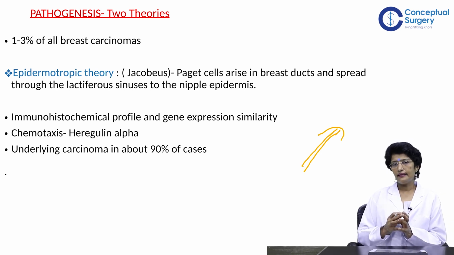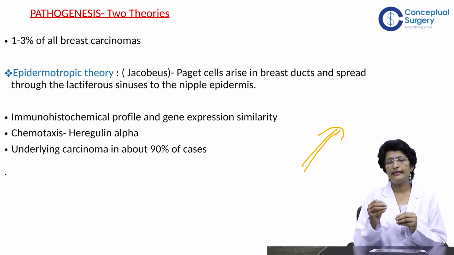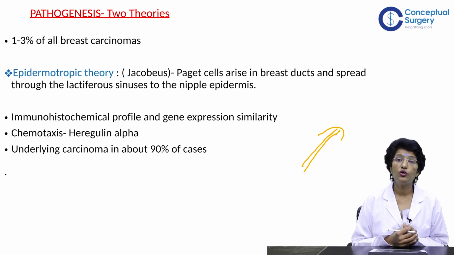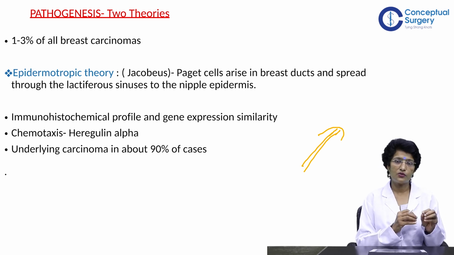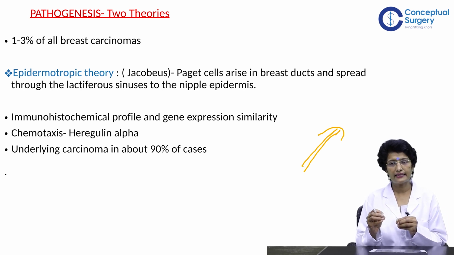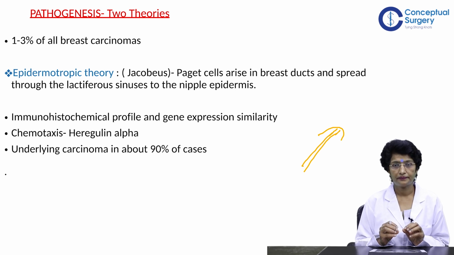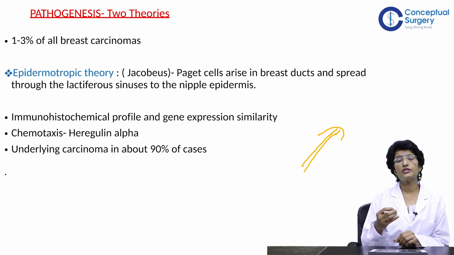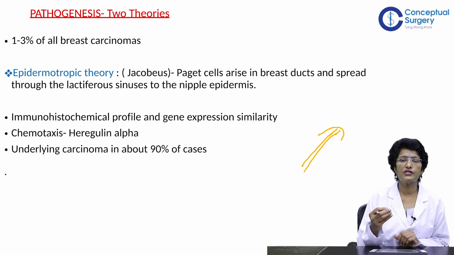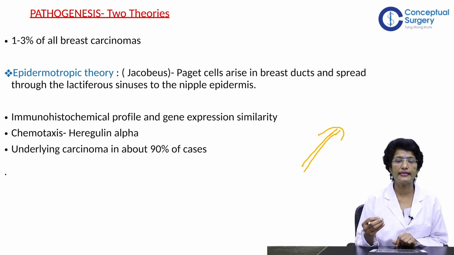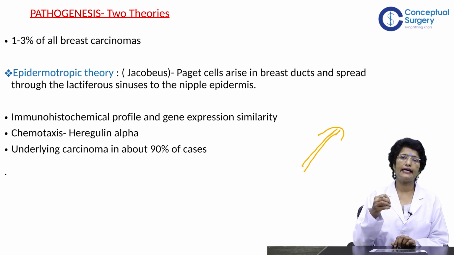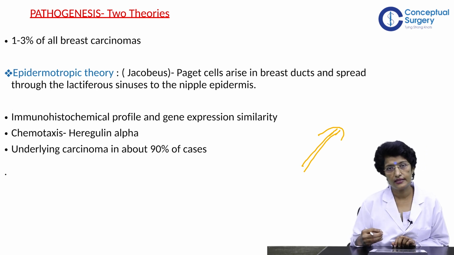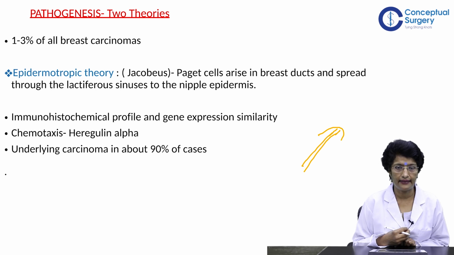And why did they say that it is breast and then skin? That's because the immunohistochemical profile and the gene expression of the cells within the breast and the skin were similar. And then there is also a motility factor known as heregulin alpha, which is known to draw these cells from the ducts onto the surface, that is, into the skin.